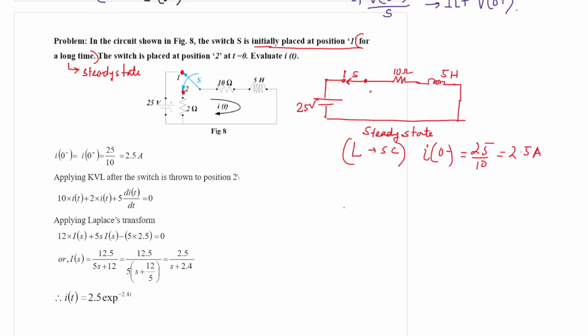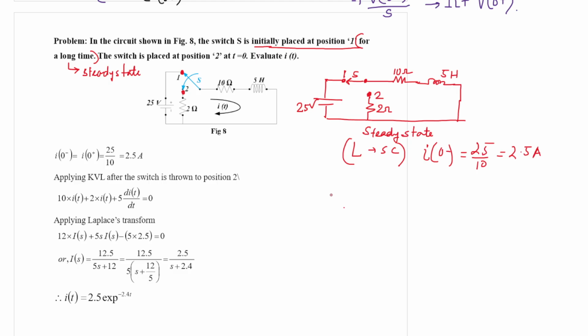Now at position 2 of the switch, we have one resistance of 2 ohm. This 2 ohm resistance is isolated from the network when the switch is placed at position 1, so it has no role there. Now the switch is placed at position 2 at t equal to 0.